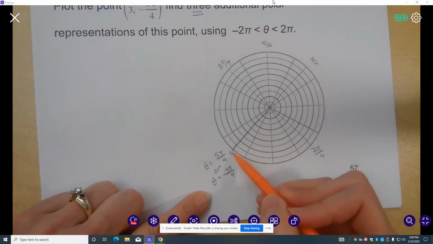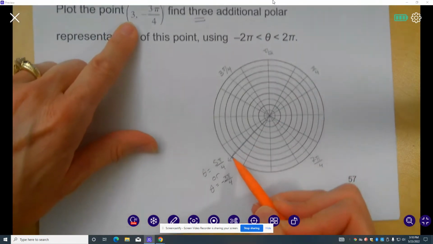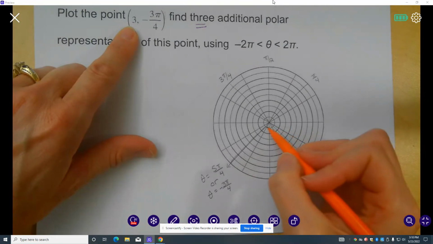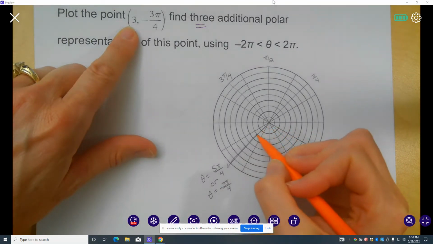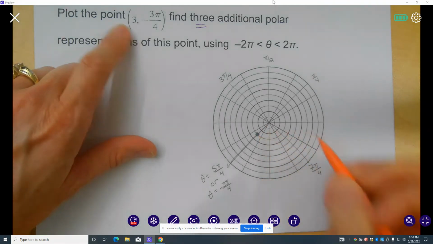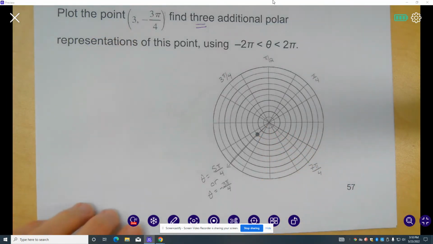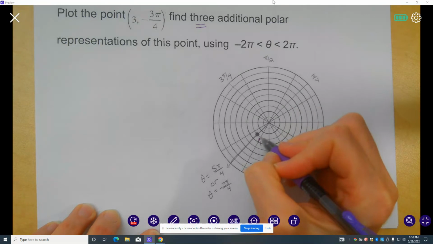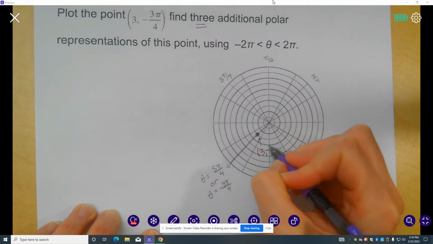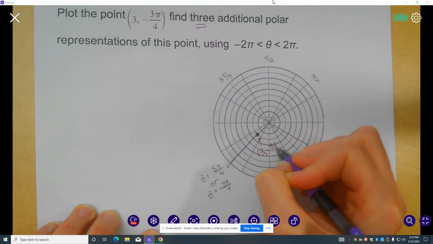So this is where I want to put my coordinate point, and my R is 3. So I want to go to the third circle out, so 1, 2, 3. So there's my coordinate point. All right, so this is 3 comma negative 3 pi over 4.